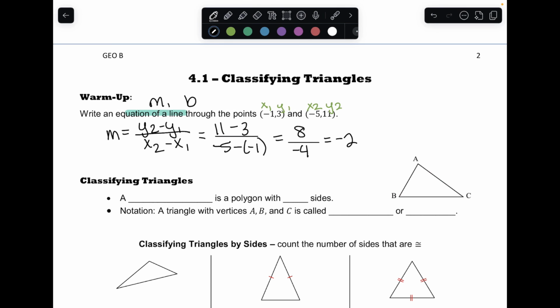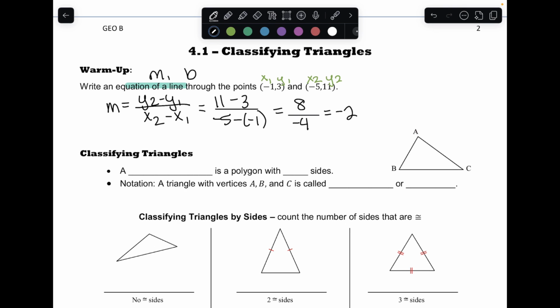Okay. Now from Algebra 1, you probably learned maybe multiple ways to do this, but I'm going to teach you the way that I want us to focus on, and that they kind of changed the curriculum too, so now Algebra 1 is also only focused on this. And that way to do it is using point slope form.